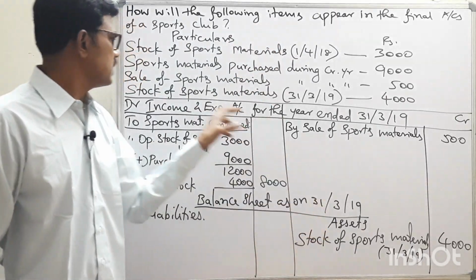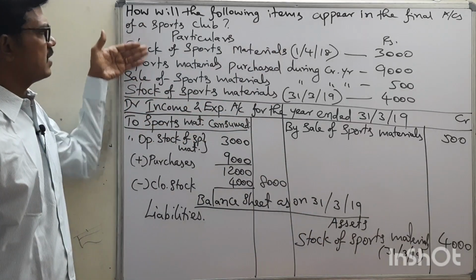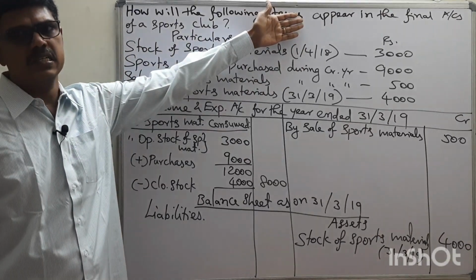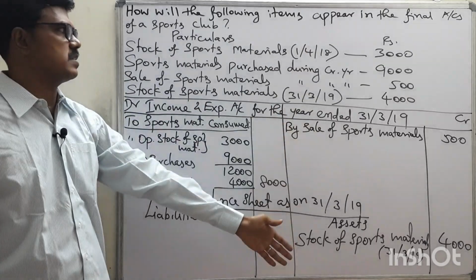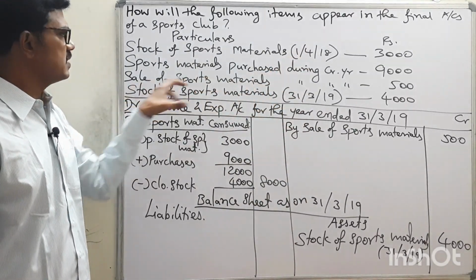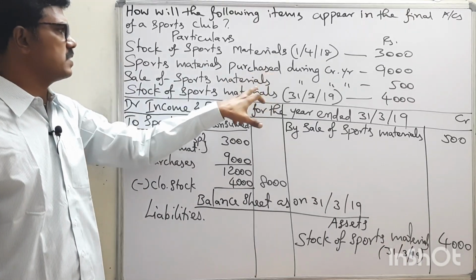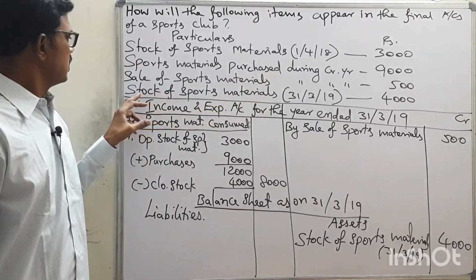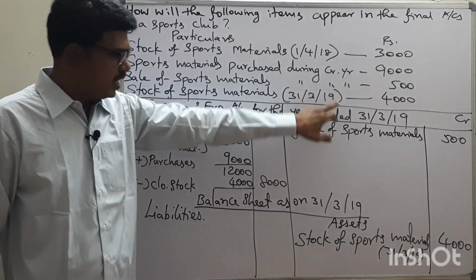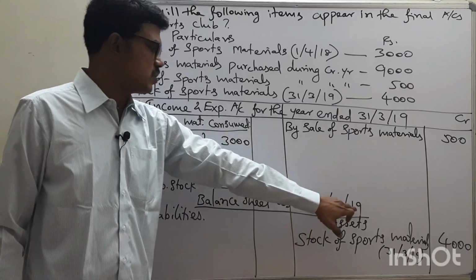Here they have given all the particulars. The opening stock would have appeared in the previous year's balance sheet, asset side, not in the current year's balance sheet. These are expenses. This is the income. Whereas stock of sports materials on 31st March 2019, we are closing the accounts on 31st March.